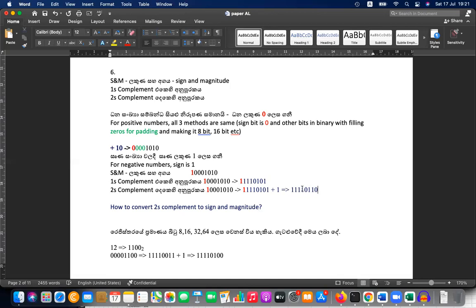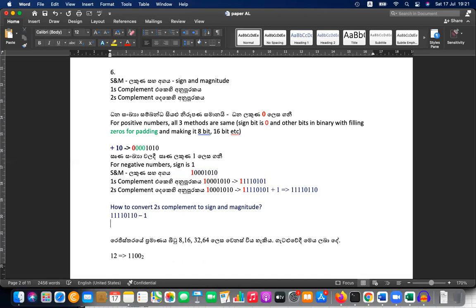2's complement is this now. How do we convert that to sign and magnitude? Back to this. If you get this number, this is negative 10. How do you convert that to negative 10? One way is you can subtract 1. After subtracting 1, you will get 1, 1, 1, 1, 0, 1, 0, 1.